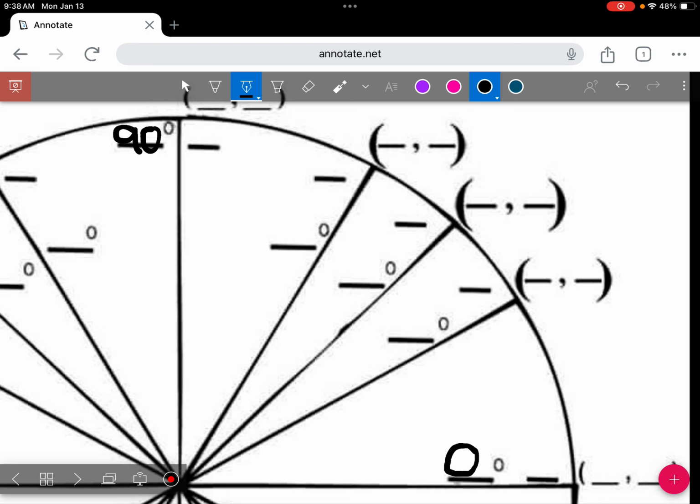When we filled in our degrees, this one is 30 degrees, this one was our 45 degrees, and this was our 60 degrees. Again, that's our pi over 6, excuse me. Pi over 4, and our pi over 3.